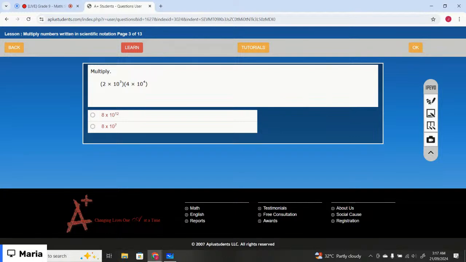The next one is multiply 2 times 10 exponent 3 and 4 times 10 exponent 4. So which is the correct option?